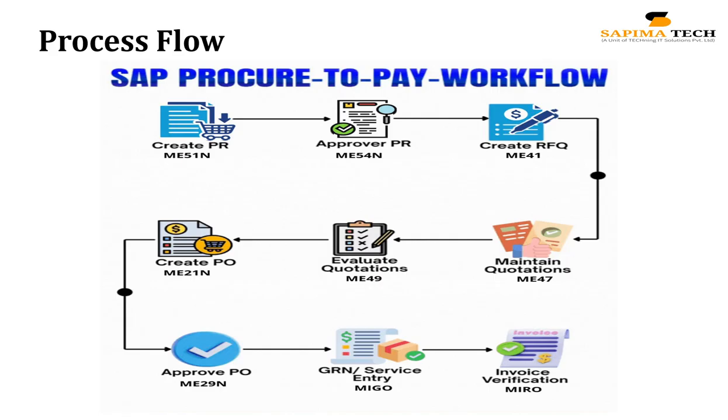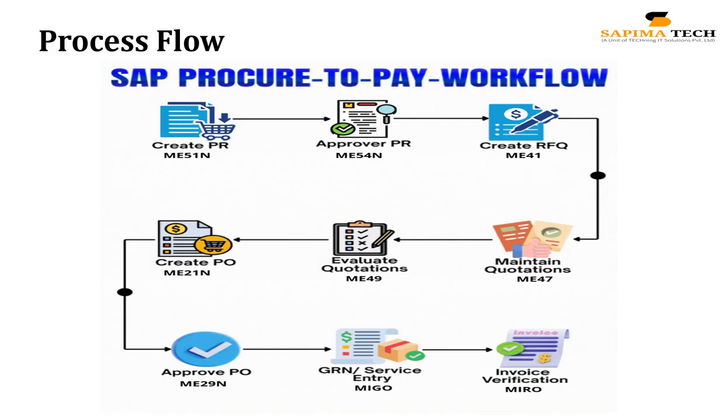If not, then the commercial team will go for a quotation process, which will start from floating an RFQ, which is a request for quotation. Then the probable suppliers have to supply me the quotations in response to the RFQ. Once they are received by the commercial team, they have to evaluate the quotations and finalize one supplier for the order placement.